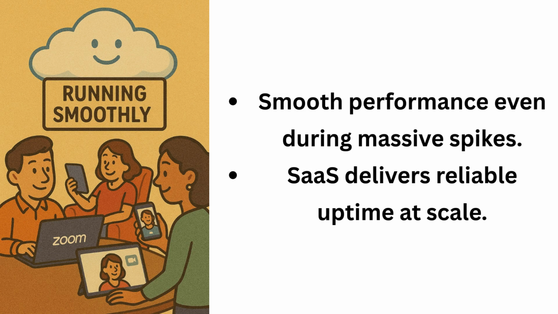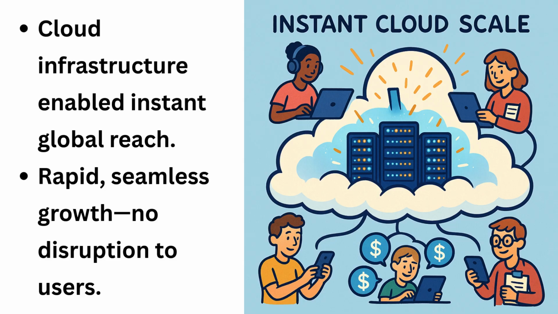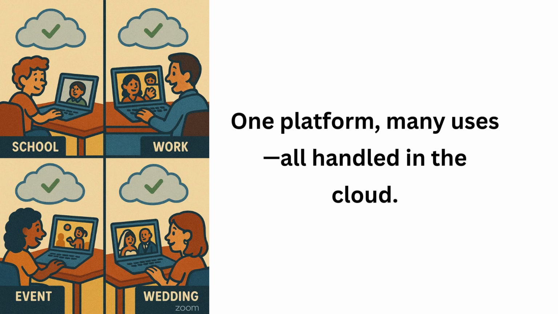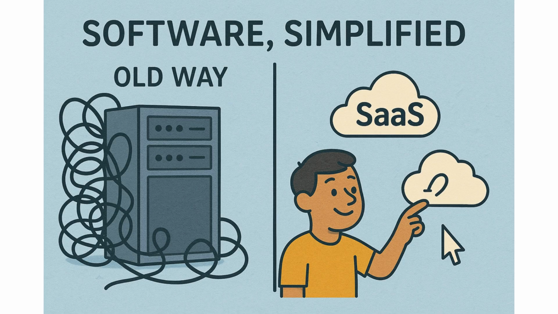Nope. Did Zoom crash for most people? Nope. Zoom scaled instantly on the backend using cloud infrastructure and SaaS architecture, serving schools, offices, events, and even weddings, without users doing anything.